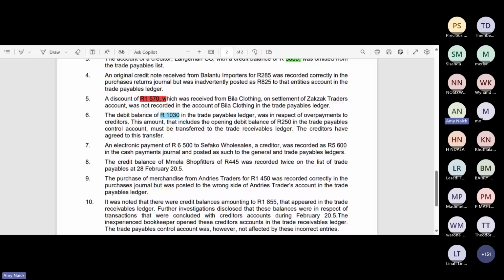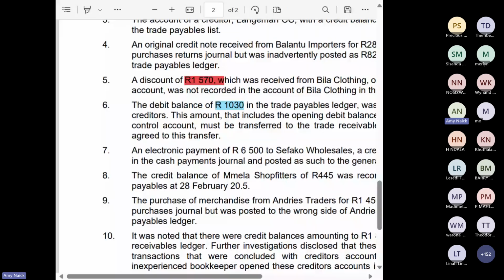So we will make the assumption that the control account is correct with regards to this supplier, and we then need to adjust the trade payables ledger or listing. They're saying that we received this discount, but we didn't record it in the payables ledger. So there was no amount posted, so we need to post the discount. The discount would effectively reduce the creditor.